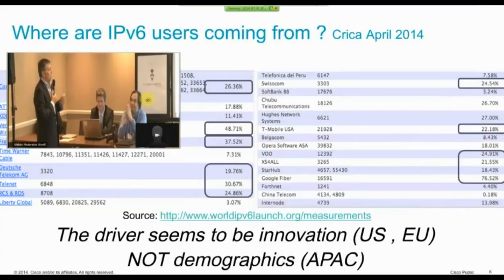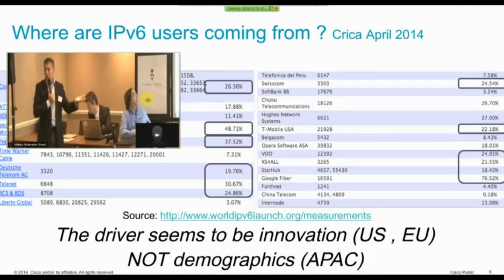Keep going. Now, what is even more interesting is if you start digging into the details, right? It's okay to know that 4% globally, but what does that really mean? Well, worldipv6launch.org is actually measuring ISP by ISP. So if you're an ISP and you give them the AS numbers that you have, they can go to most of the content platforms, Google, Facebook, Yahoo, collect statistics and display how many of your users are going to those platforms over IPv6.